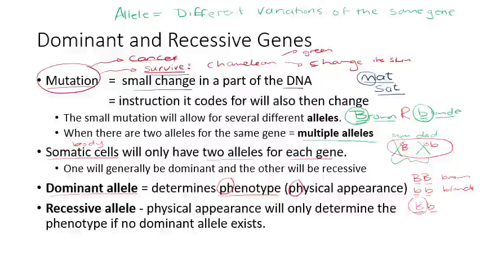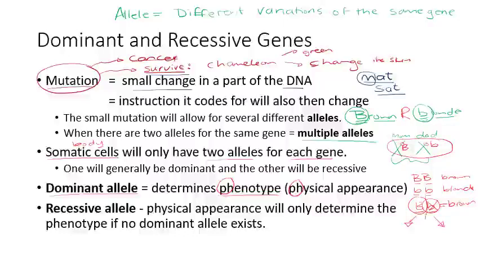This is my dominant allele, and that is going to dictate the fact that I'm going to mask the blonde, and I'm not going to see that. I do still have it in my genetic makeup, so I can pass on that blonde to my child, but I can also pass on this brown to my child, because remember, meiosis splits these items up.